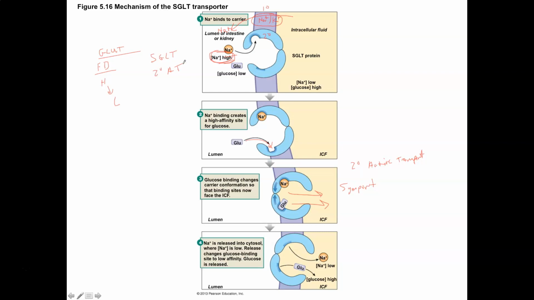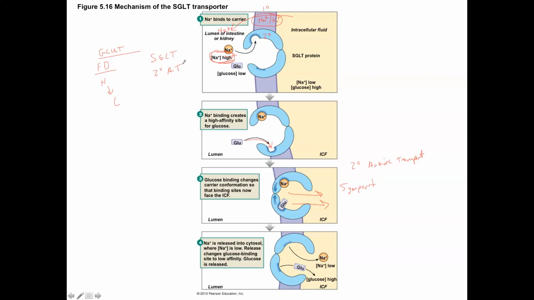So take a look at that example and make sure that you understand how it's different from facilitated diffusion and how we have secondary active transport. So the sodium-dependent transporter is a very important concept for physiology.